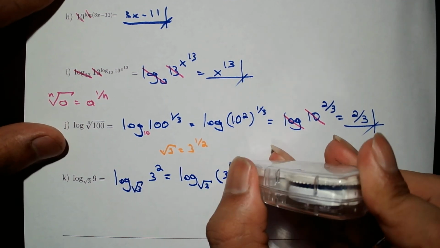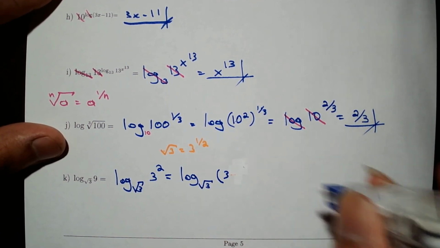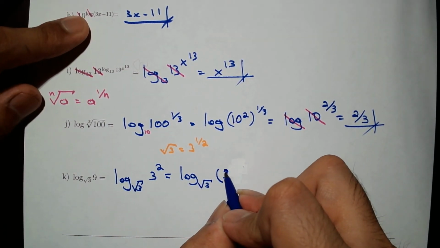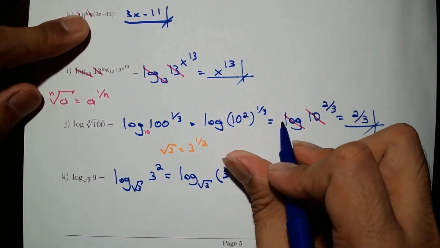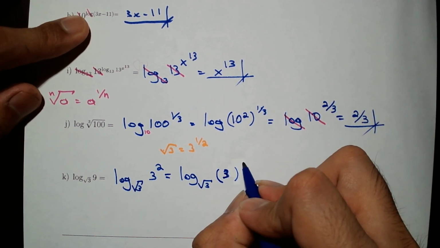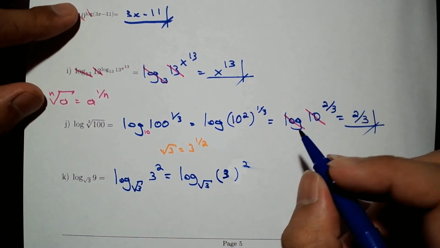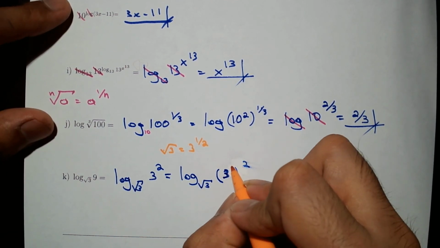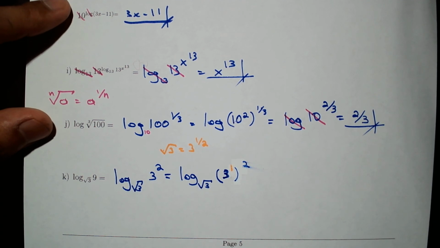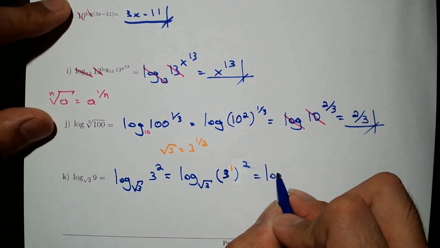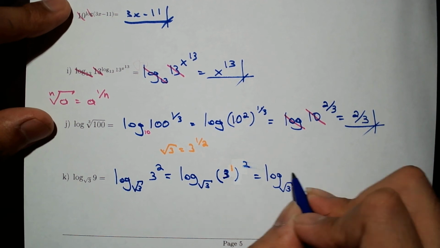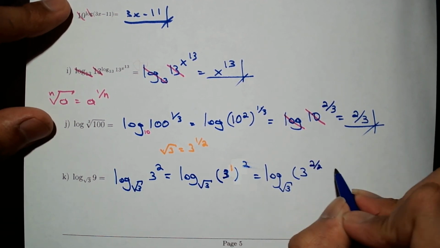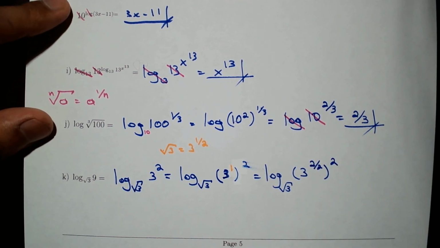Okay, let me erase this again. I know I'm erasing once and twice, so in other words, what I need here is to have a special version of 1. I'm going to turn this number 1 into 2/2, squared.